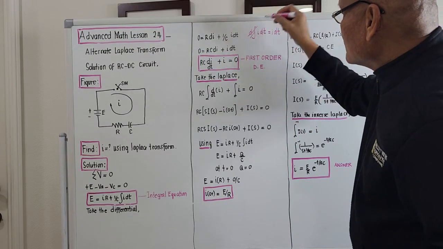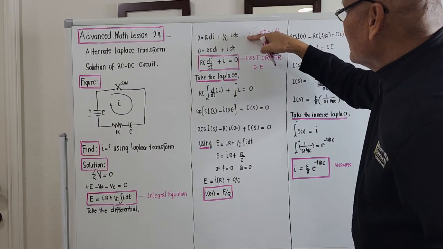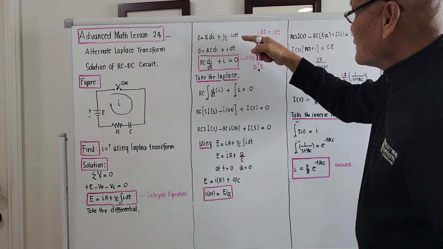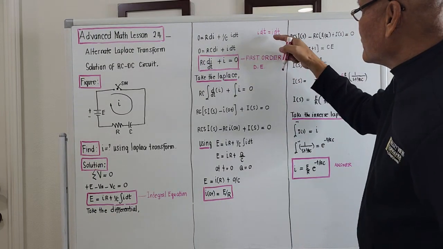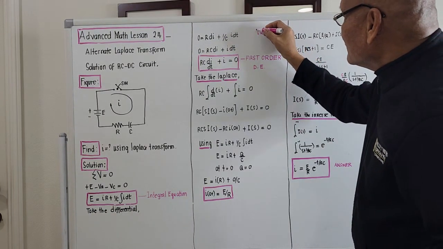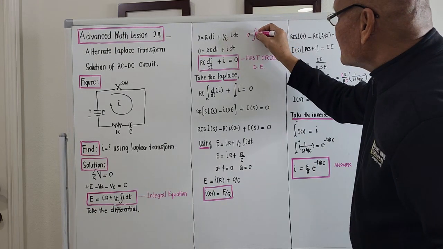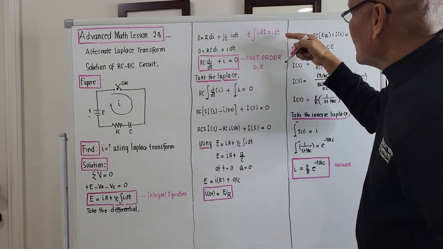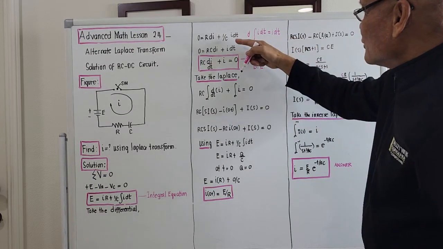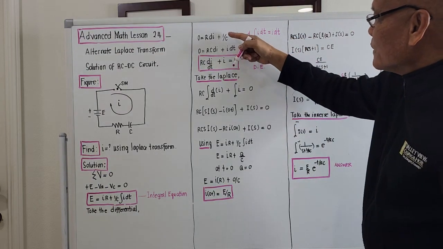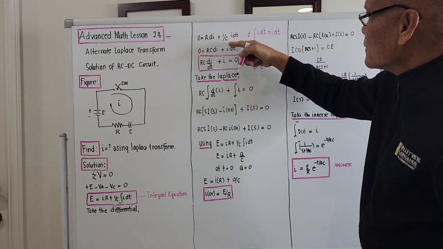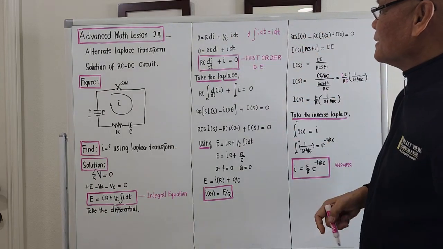So the differential of the integral of I dt will just be simply I dt. So for the second part on the right, it will be simply 1 over C times I dt.